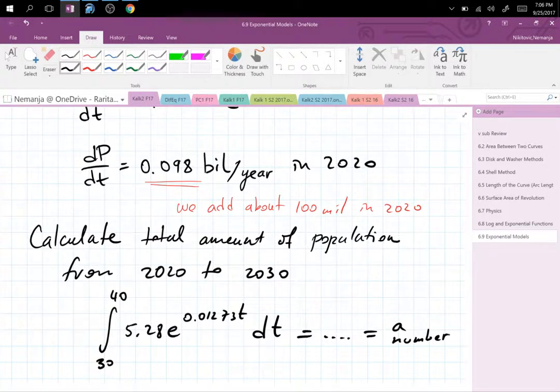So addition is summation over a period of time. Derivative is a snapshot in time. So we just take a look at these continuous years of people existing, and then there is a snapshot at 2020. We added 100 million, right? There's a snapshot in 2021. We added another 100 million, right?